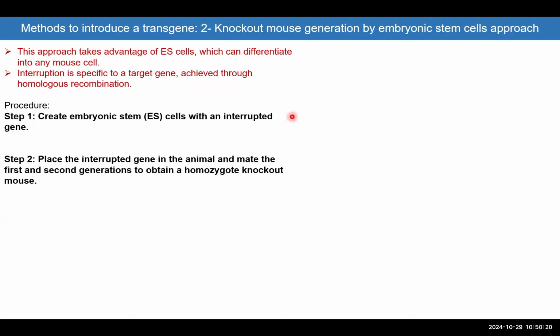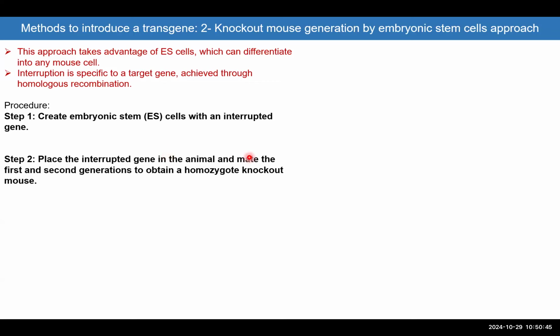And this procedure is divided into two steps. The first step is to create embryonic stem cells that have an interruption in that specific gene. And then we have to replace that interrupted gene in the animal with the wild type gene.